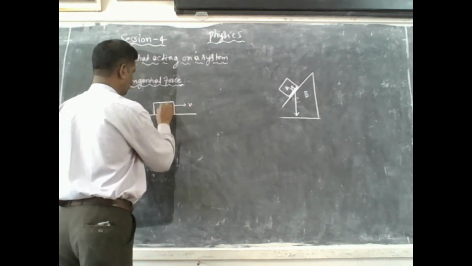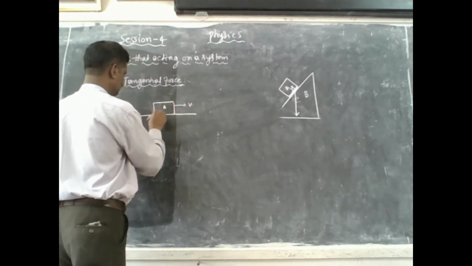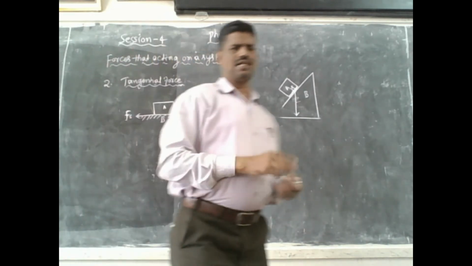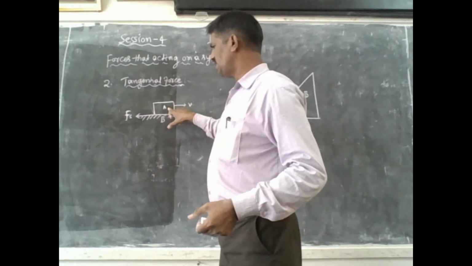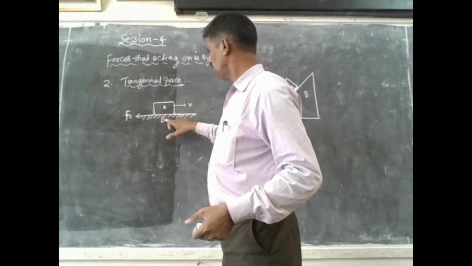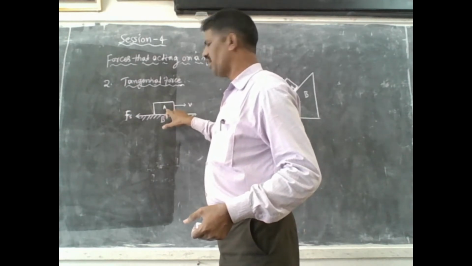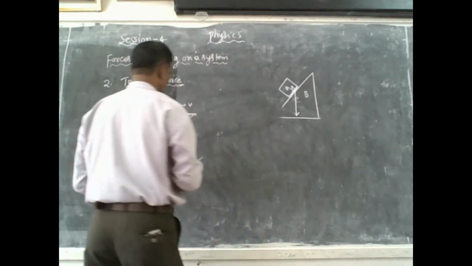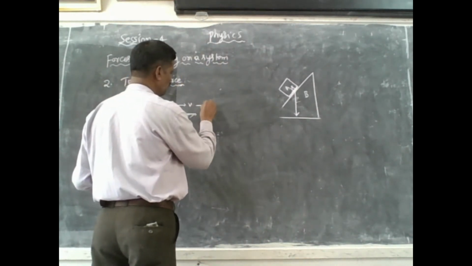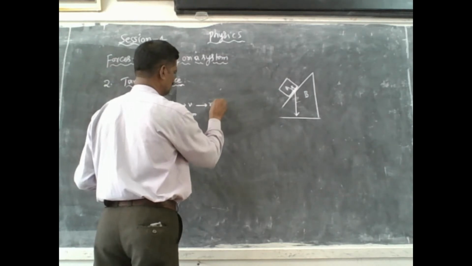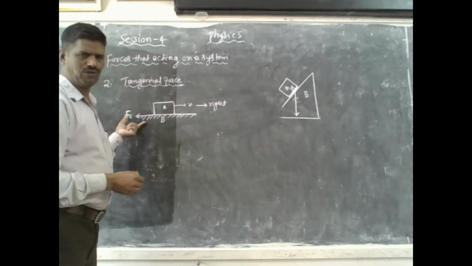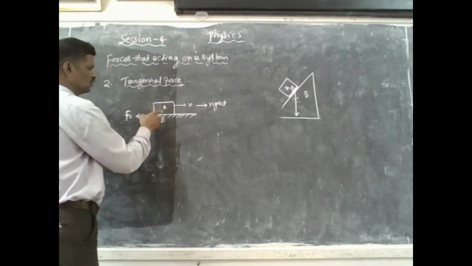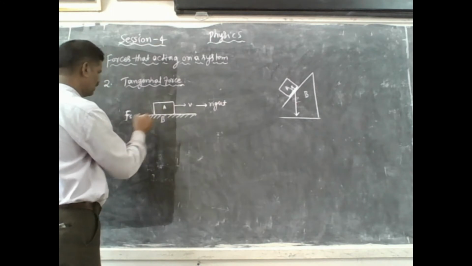Body A and body B. Suppose body A is kept on body B, and body A moves on body B in the right direction. The frictional force or tangential force develops in the direction opposite to the relative motion of the body, isn't it?